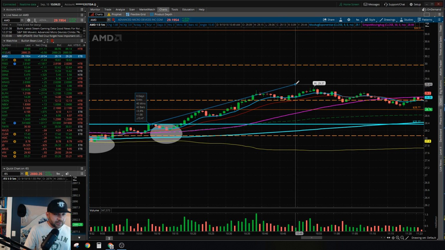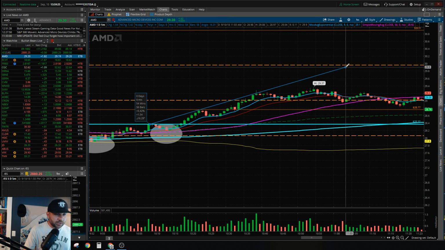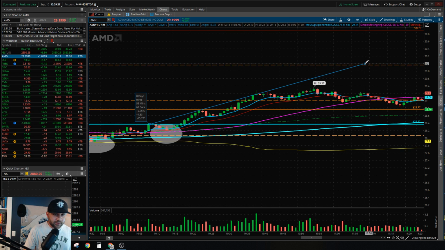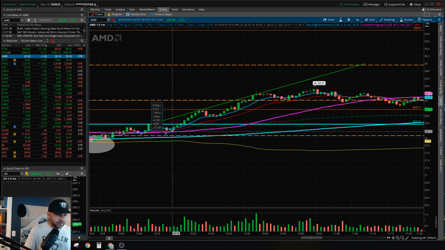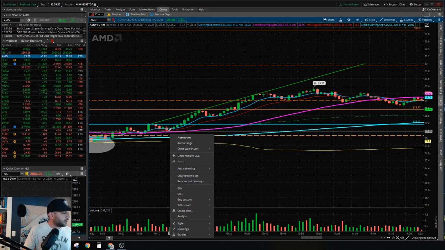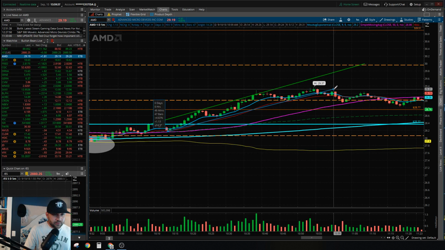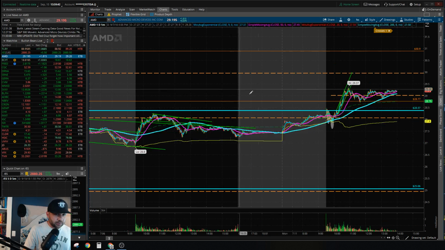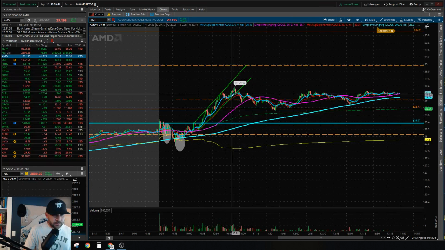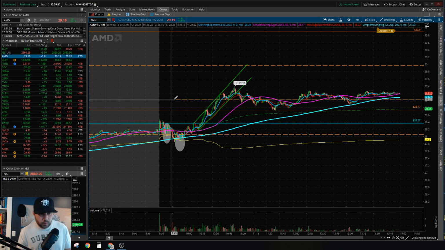We pretty much watch AMD every day because it's got a great ATR, it's got great price action, it's got a nice tight bid-ask spread, and you can see right here we had this pretty nice sharp up channel on AMD, and then it ended up over, let's see, this was the $29 level.